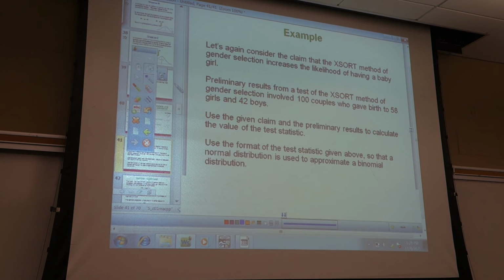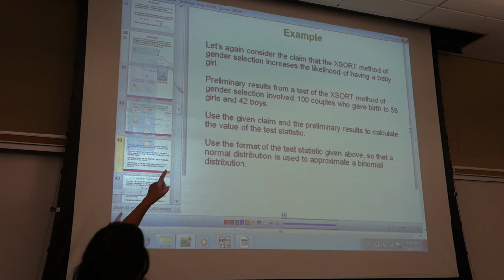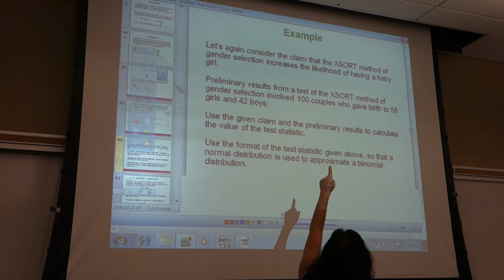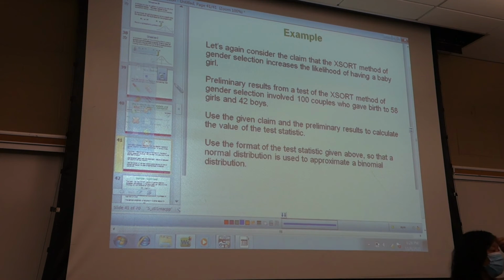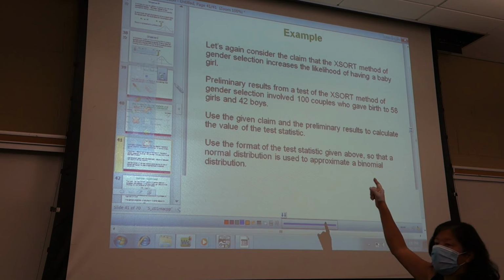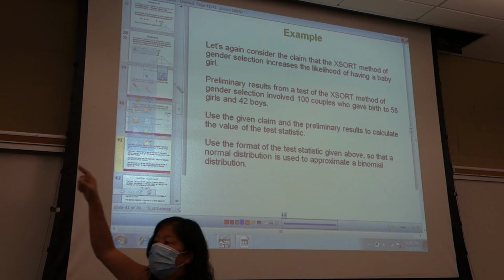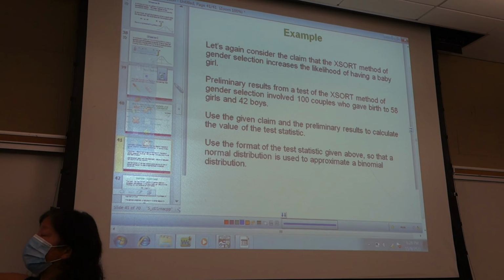Actually, first of all, what's the proportion of girls that you expect to get? 50-50. Okay, what's my claim? X-sort claims what? First sentence, read it. What's the claim? Increases the likelihood of having more girls. Increases. So what's my claim then? Greater than P. Is it a proportion or is it a mean?